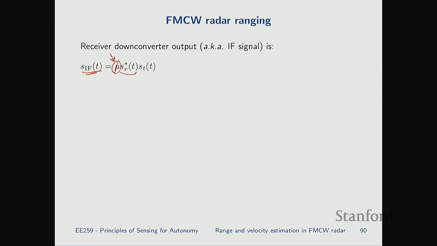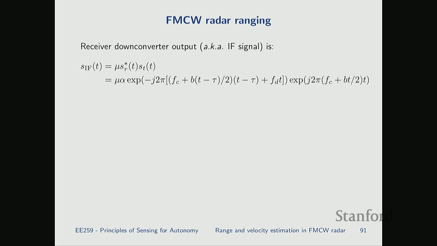So it takes the complex conjugate of the received waveform times the transmitted waveform, and then we plug the two signal models into this. You get two complex exponentials. The first one is the conjugate of the received waveform, and the second one is the transmitted chirp. And then you simplify things. I'm going to skip a couple of steps.